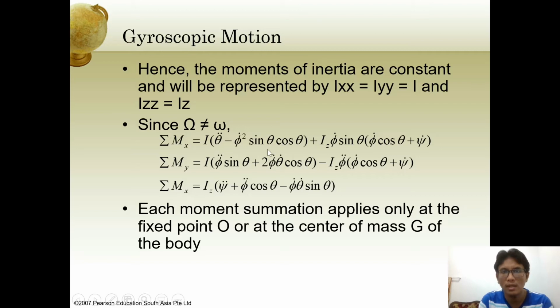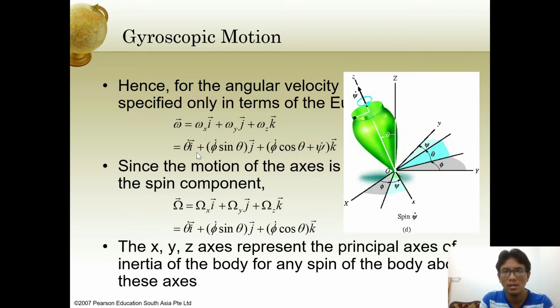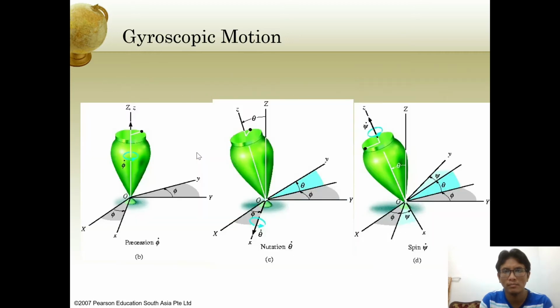What you need to understand is for moment about x-axis, Mx, this is the moment of that object, of the top, about x-axis, while moment about y-axis is the same. And moment about the z-axis also, which is the moment acting on that axis.